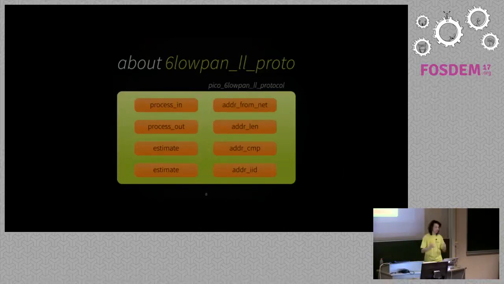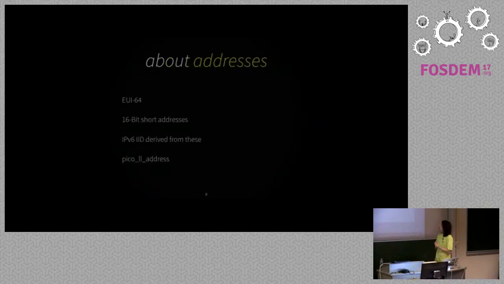It has to know the length of the link layer address, be able to compare addresses, and also derive an IPv6 interface identifier from the link layer address, which can be derived from the 64-bit extended unique identifier or from 16-bit short addresses. And we define a Pico link layer address for that, a generic version of link layer addresses.